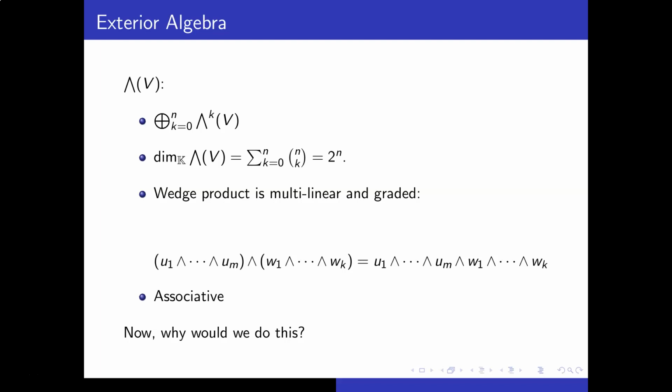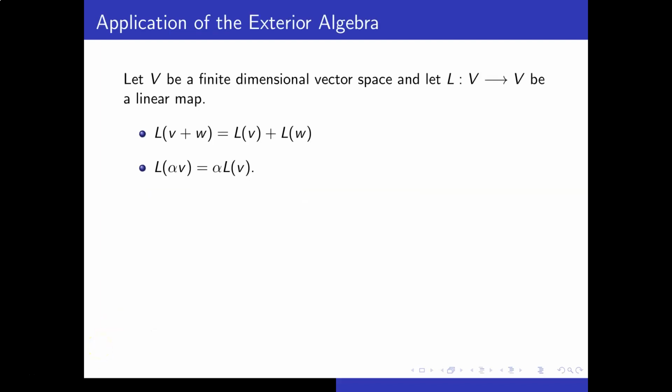So, same old question. Why on earth would you do this? It turns out there are many reasons to do this. Most of them are reasonably obscure at this level. But there is one very important reason to see the exterior algebra at this point.